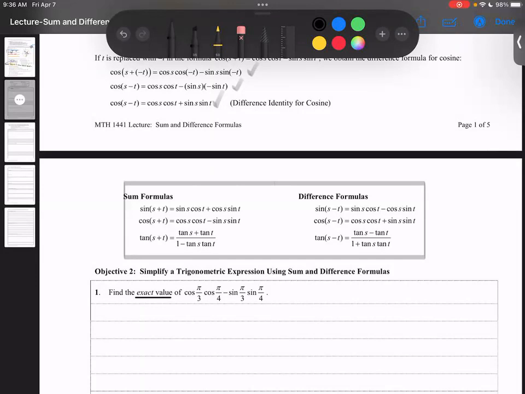Pull it up. I have to remember the unit circle, but there's a trick. For me, there's a little trick.